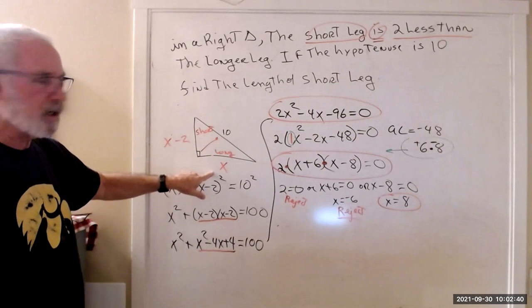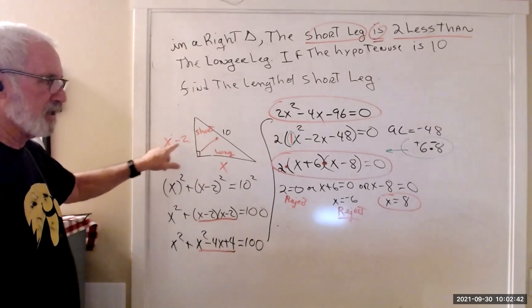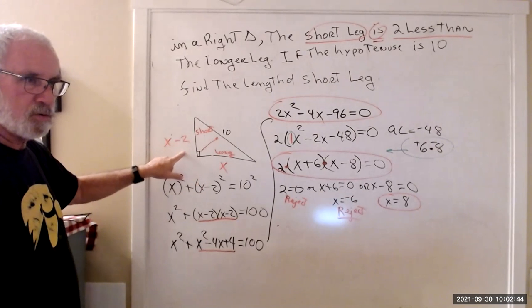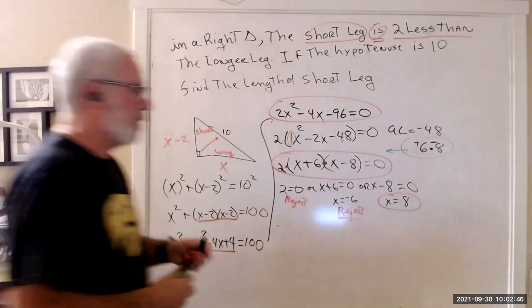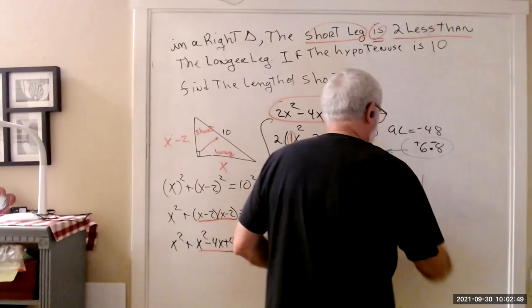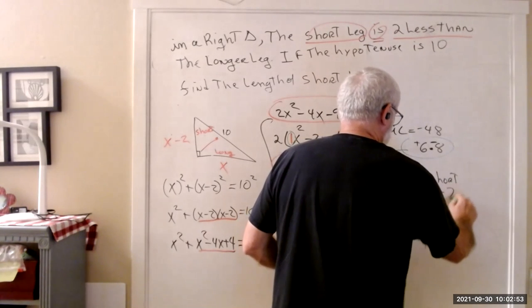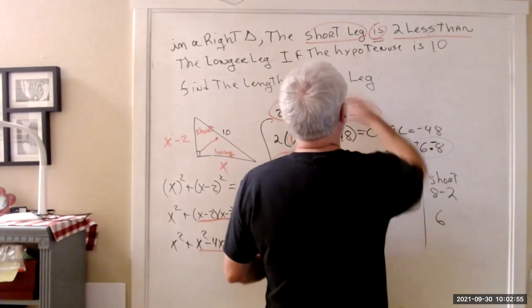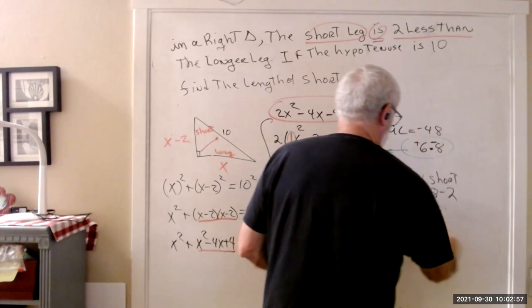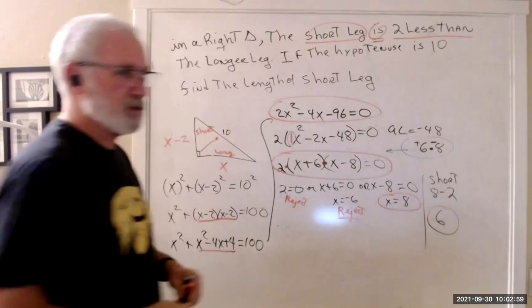So the short leg has to be x minus 2. So you had an extra step. You had to go that the short leg is 8 minus 2, which is 6, whatever your units were. So the short leg in this problem was 6.